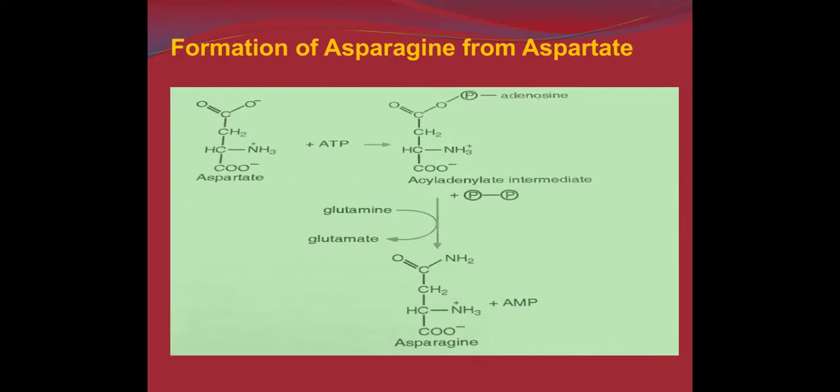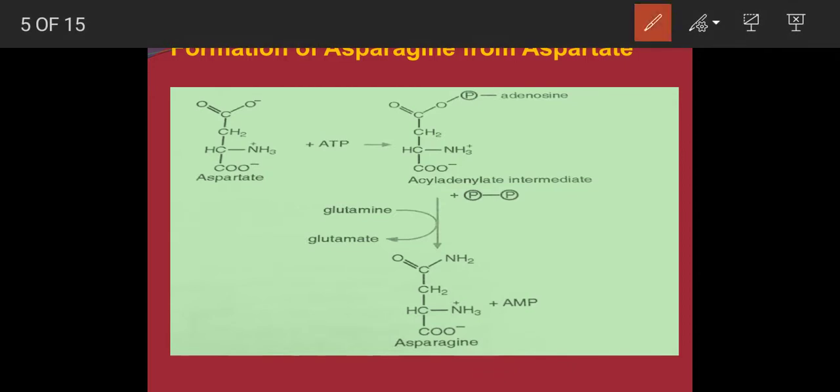Now let us see the synthesis of asparagine from aspartate. The aspartate is first activated by ATP. This process is known as adenylation. One pyrophosphate is released in this reaction and an intermediate is formed.